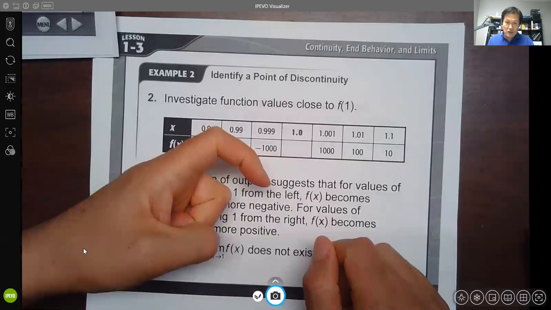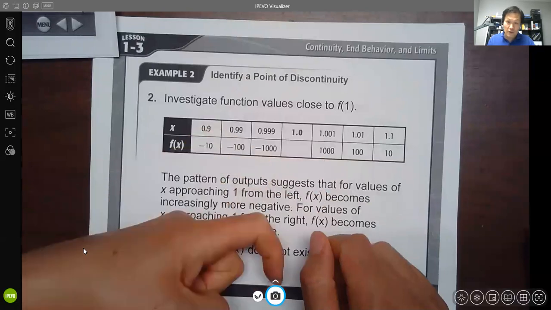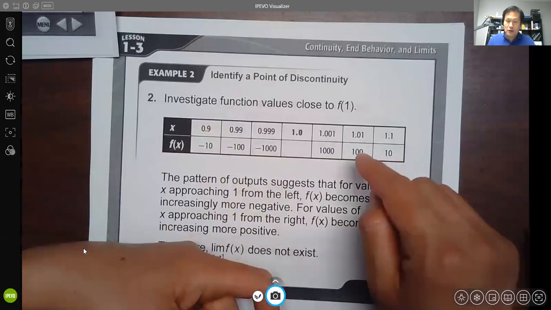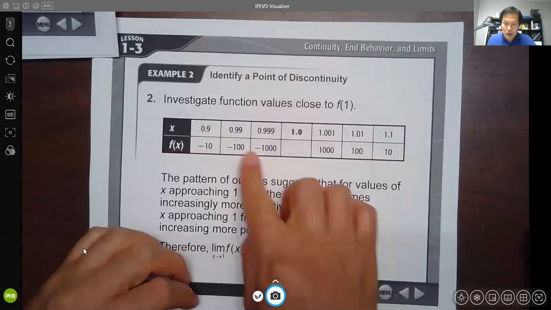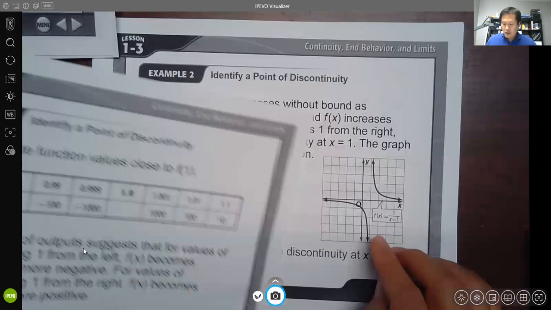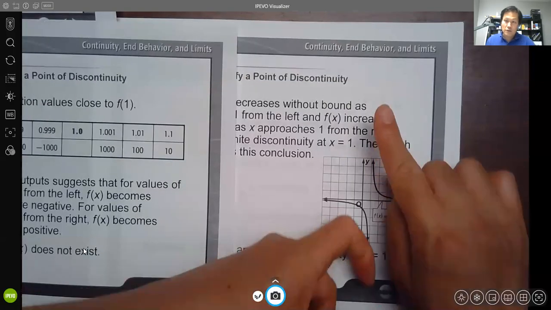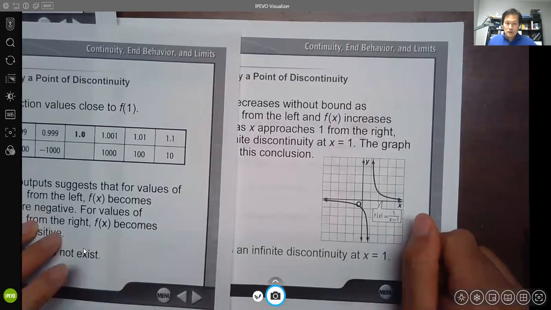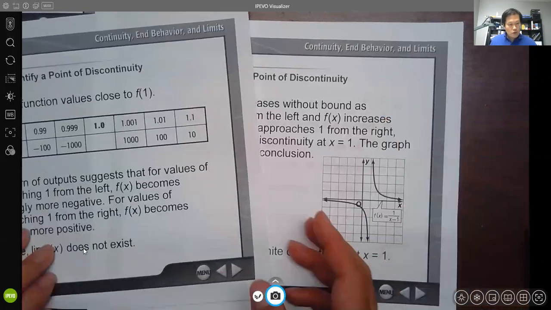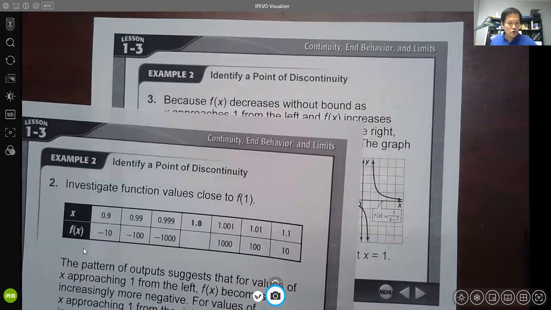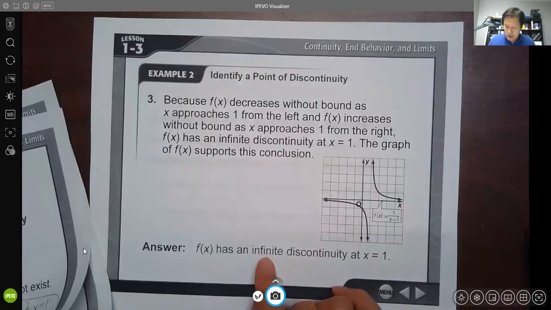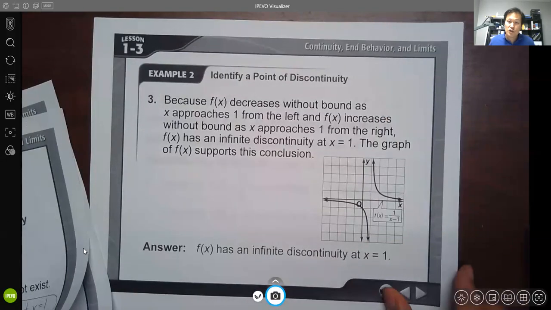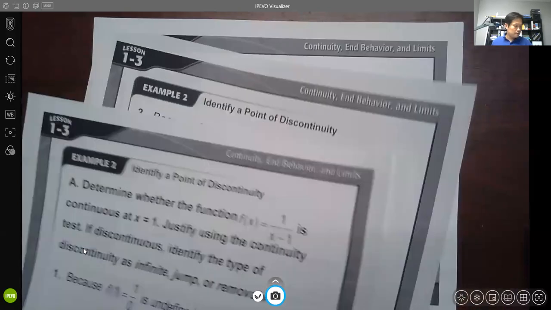So you know it's decreasing very fast. Same thing with 10, 100, 1,000, so it's increasing hugely. So that's numerically showing this scenario. Okay? So it was discontinuous. What kind? Infinite discontinuity at x equal to 1.